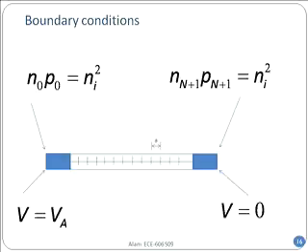Different materials have different band gaps and different effective densities of states. As a result, this number on both sides need not be the same. That's a material dependent parameter. Okay, but once you have this on the two sides, and once you have the potential, then you can solve everything inside.